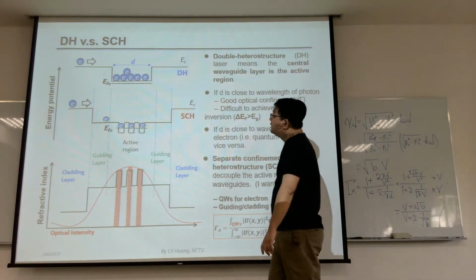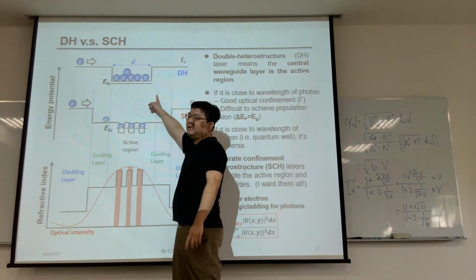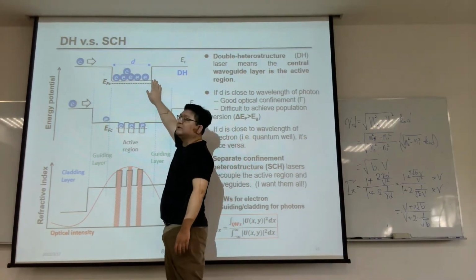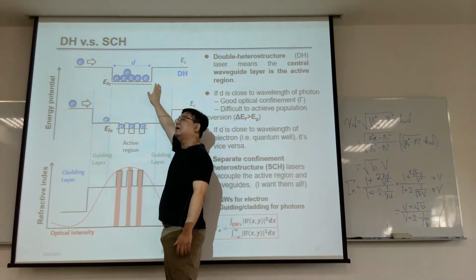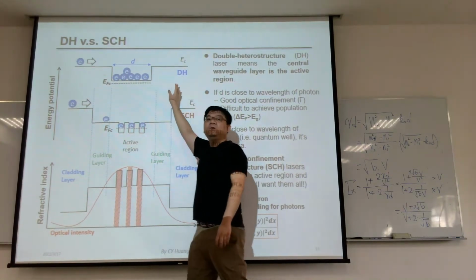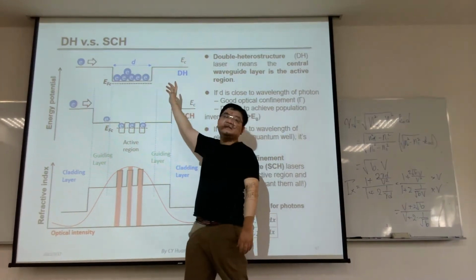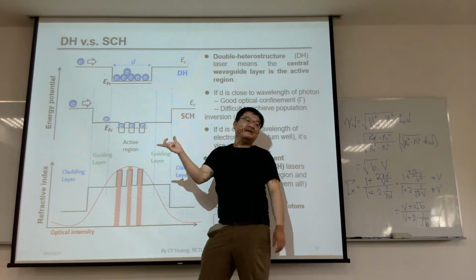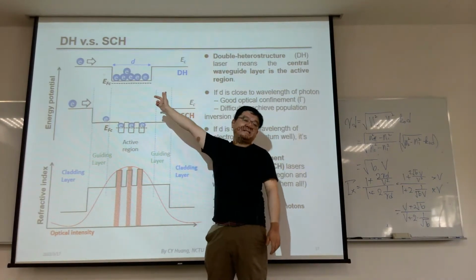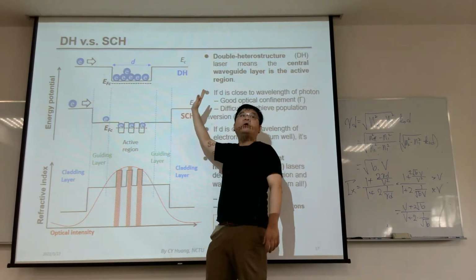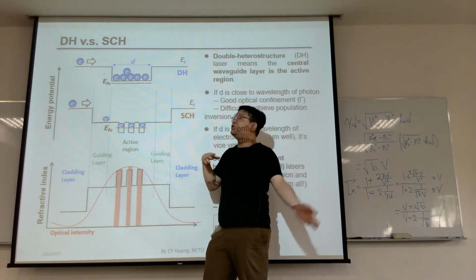So let's consider a double heterostructure, and we treat this as a waveguide. If it is a good waveguide for photons, then you need a sufficient V. The sufficient V is either that the refractive index is very different or the distance is large enough.